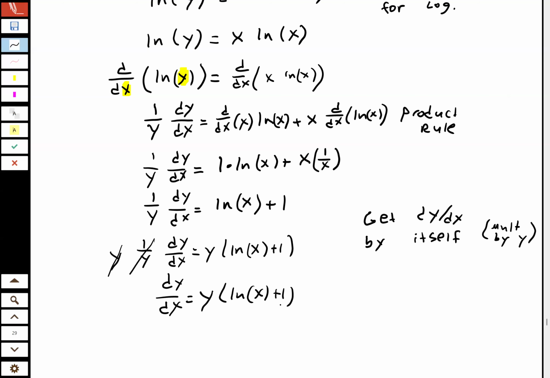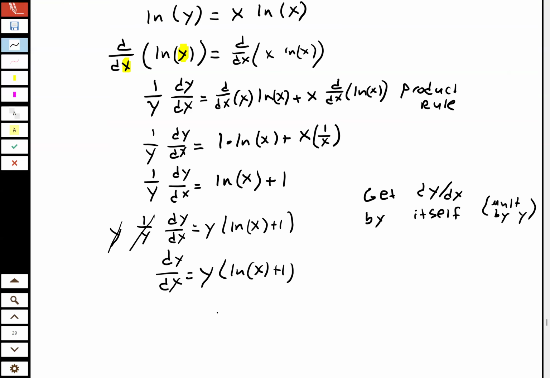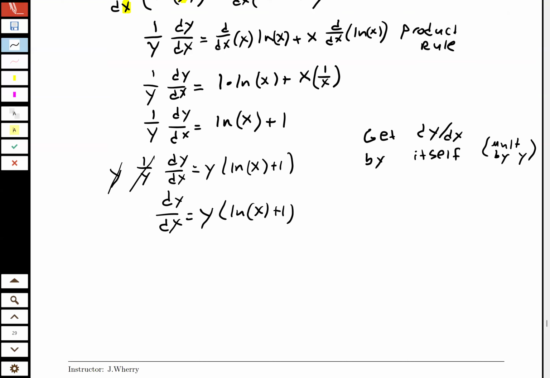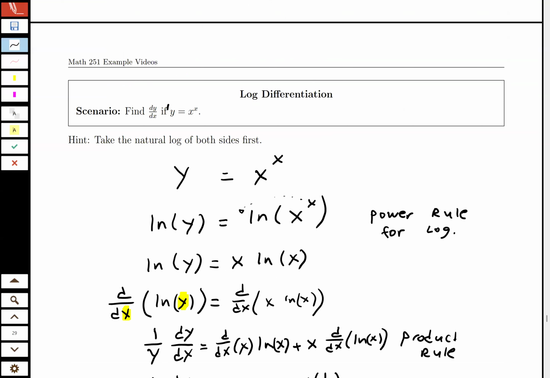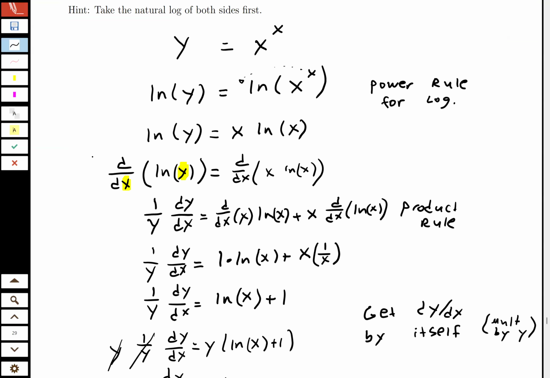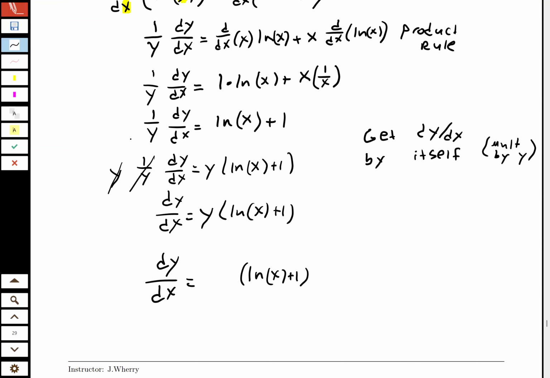Technically, I have my derivative here, but I could make this look a little bit cleaner because this still has both the letters x and y in my derivative. So just as a final note here, I could take y equals x to the x and say every time I see the letter y, I'm going to plug in an x to the x.